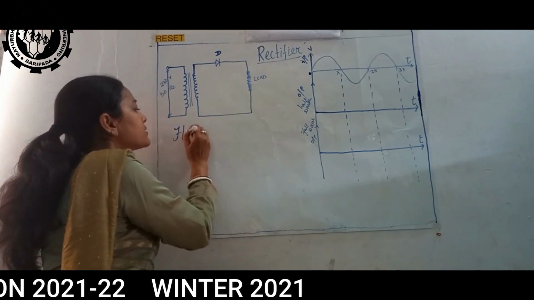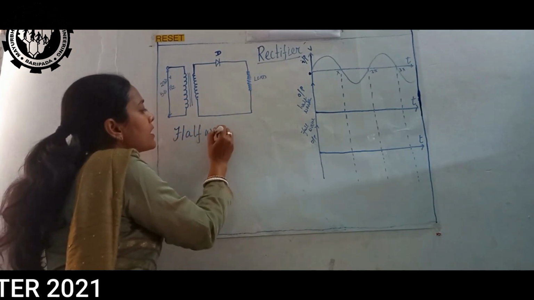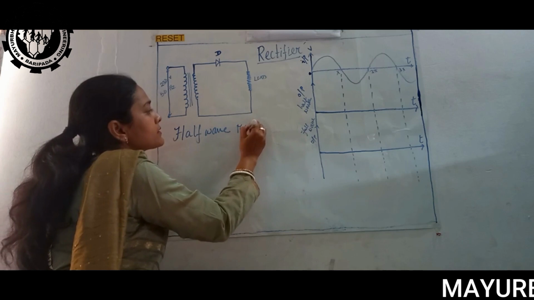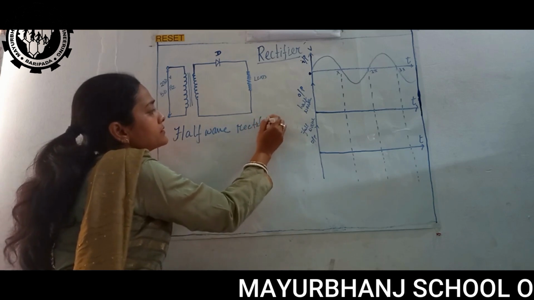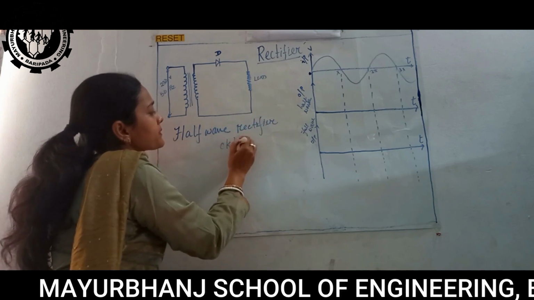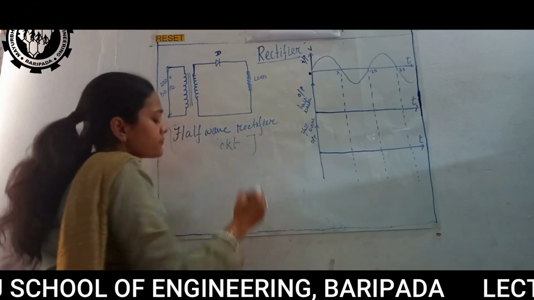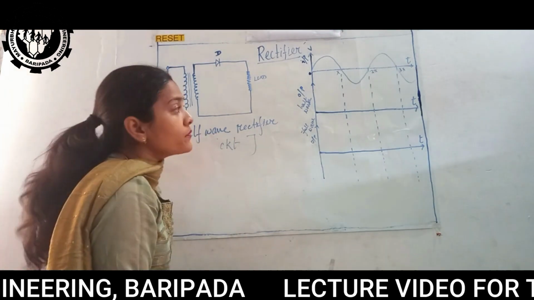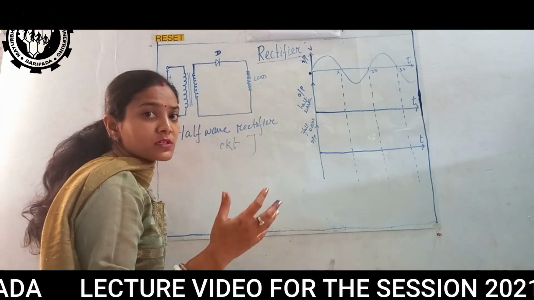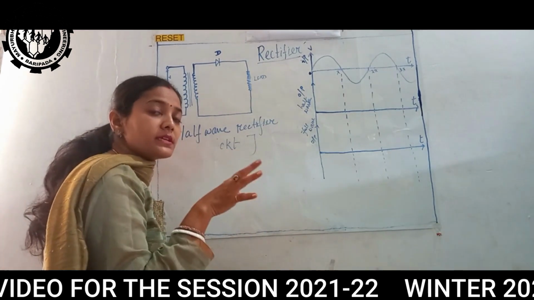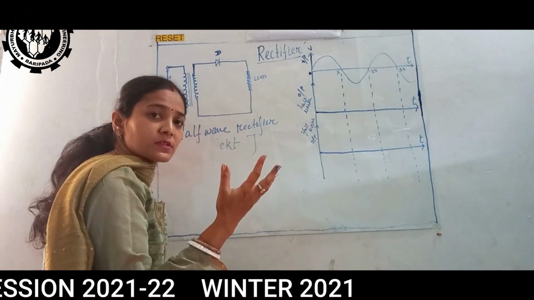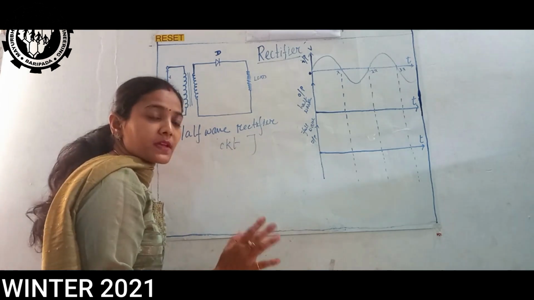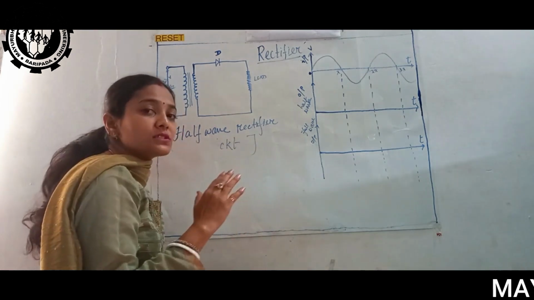So this is a diagram of a half wave rectifier circuit. Now what happens in this half wave rectifier circuit? When I say half wave, that means it is conducting only in one half of the AC cycle and the other half is turned off.